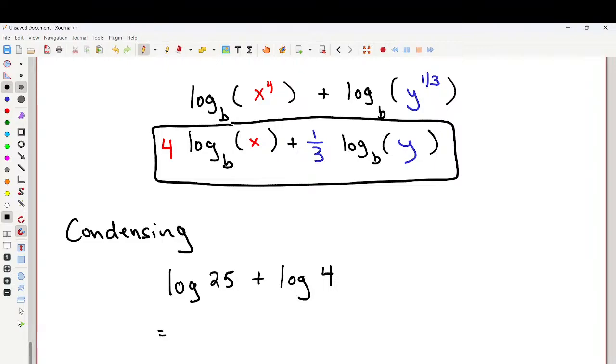We just recognize that this is 1 log plus 1 log of something, so mash them together. Sums condense to multiplication. And we would have log 100.